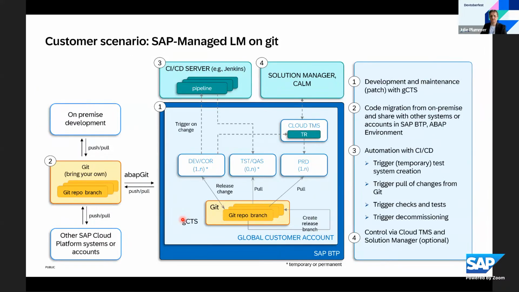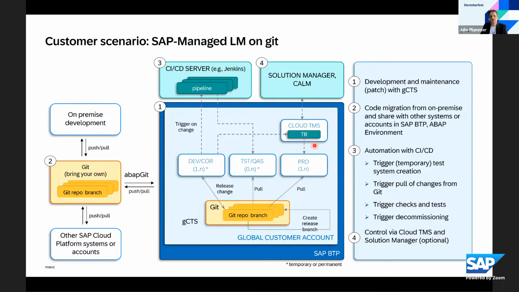To look at the big picture, BTP is one building block here. This is my 5-system landscape with my 5 steampunk sub-accounts. Most customers and partners will also have on-premise developments, for example, or other SAP Cloud accounts. Thirdly, you will presumably be automating your testing through the pipeline that's connected to these repos in these sub-accounts.